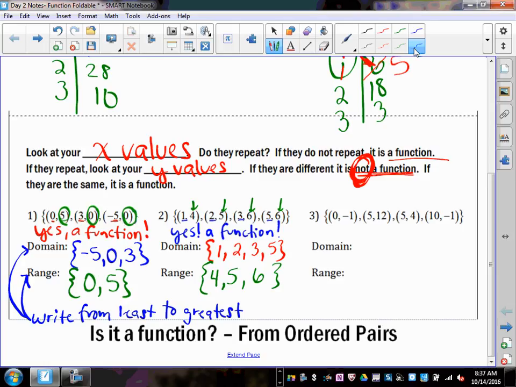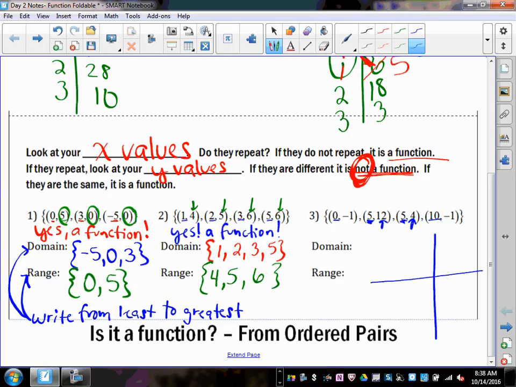Is this a function? I heard yes and I heard no. No, why not? Good, so my y values repeat, but not only that they repeat, but what else is true? Right, they have 2 different y values. So x repeated and it went to 2 different y values.